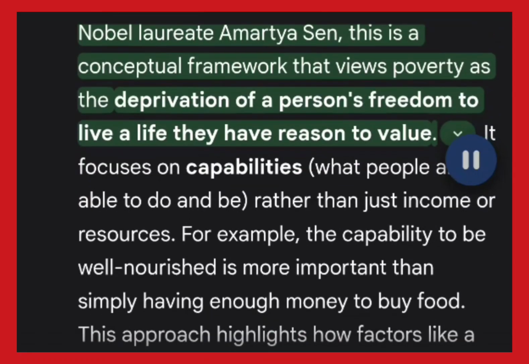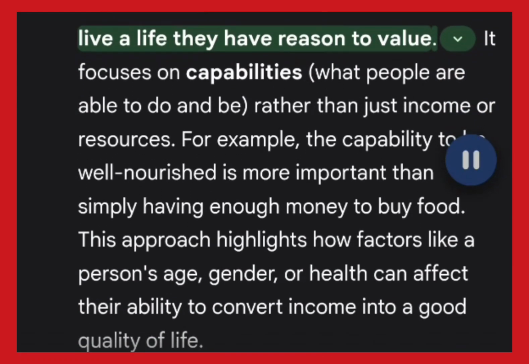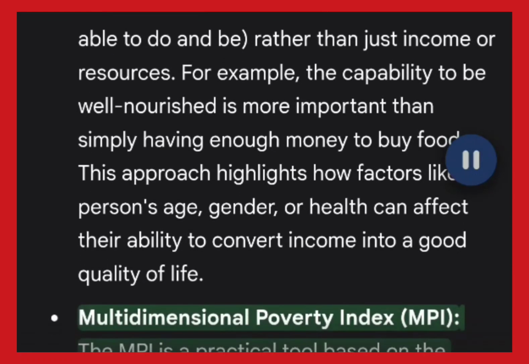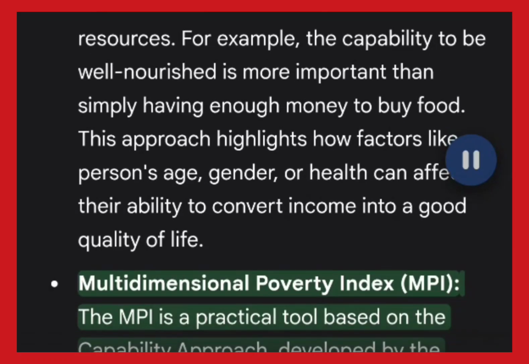It focuses on capabilities, what people are able to do and be, rather than just income or resources. For example, the capability to be well nourished is more important than simply having enough money to buy food. This approach highlights how factors like a person's age, gender, or health can affect their ability to convert income into a good quality of life.